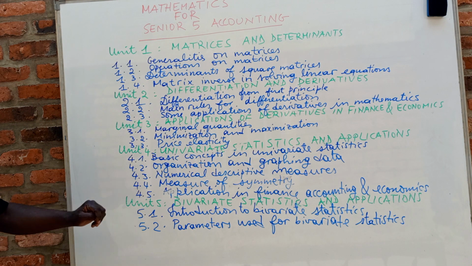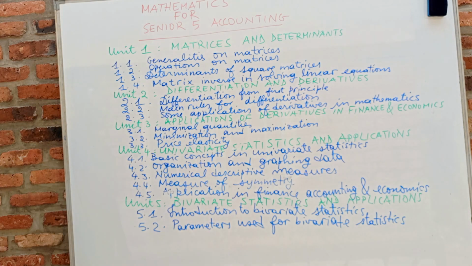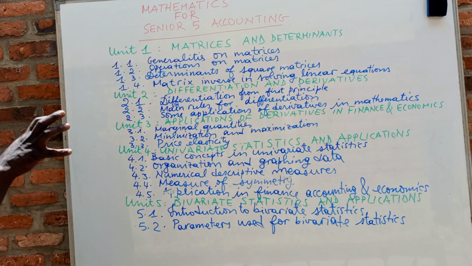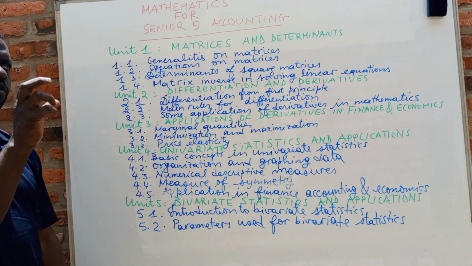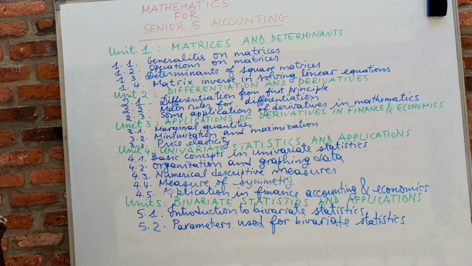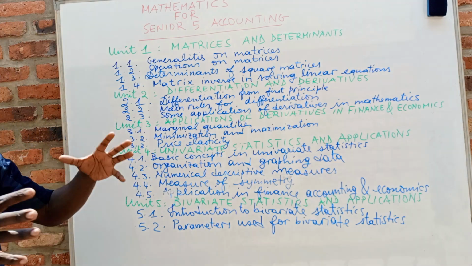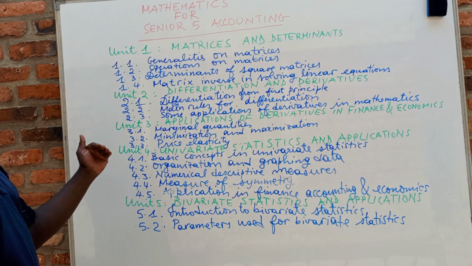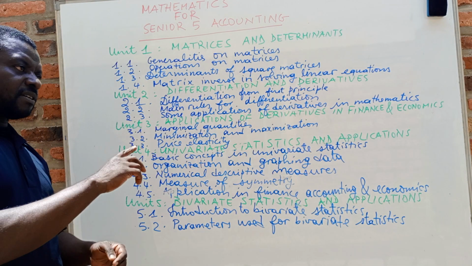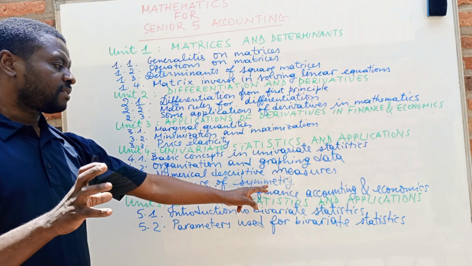Number 4 will be about the parameters of symmetry, where some data may vary around some representative statistic, for example a mean. Some values of the univariate data may turn around some value which is a mean value.